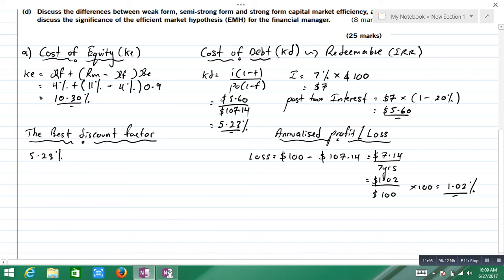Most of the times they're going to put plus here so that you will get a wrong answer. End of the day, you're not able to calculate the KD. So this is supposed to be minus because we have a loss here. Minus 1.02%. How much you get? That should give you 4.21%, and our discount factor will be 4%.